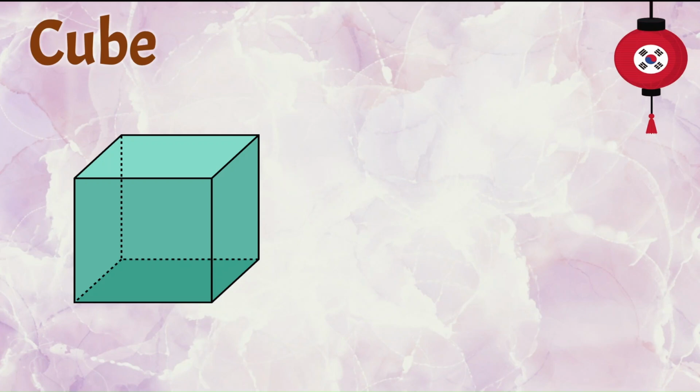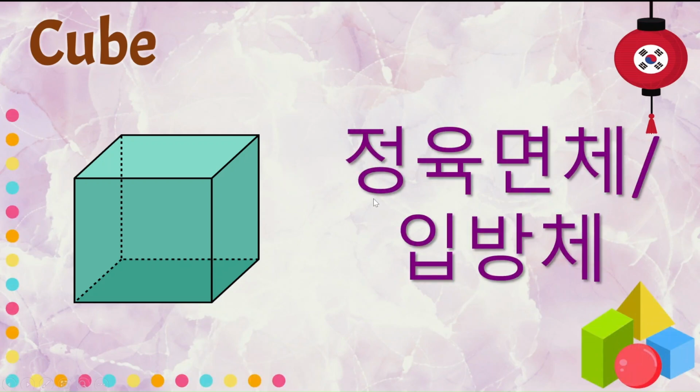Now there are two ways to say cube. One is 정육면체, 정육면체. Here, 육 means 6 in Korean. The number 6 is 육. And 면 means face or side when you are describing shapes with flat surfaces.